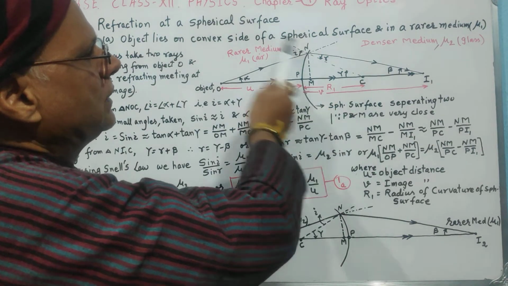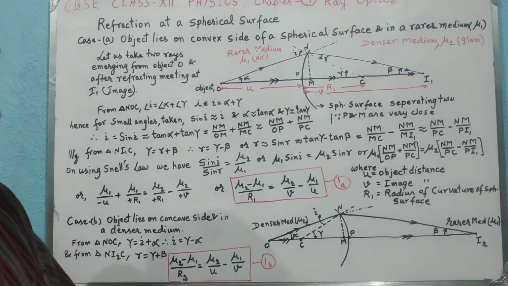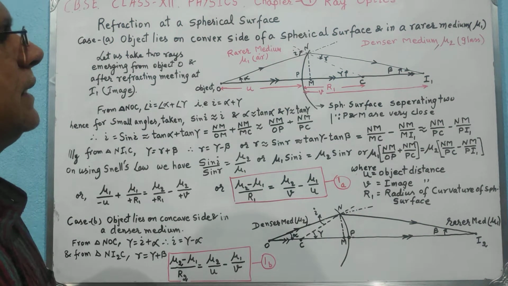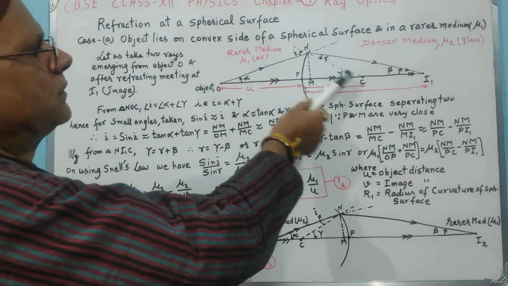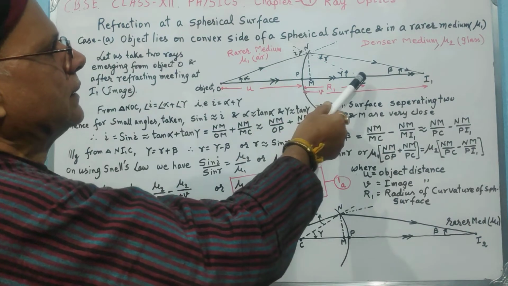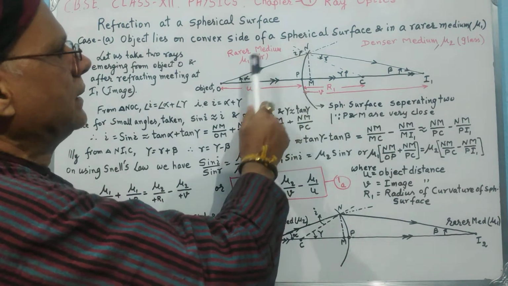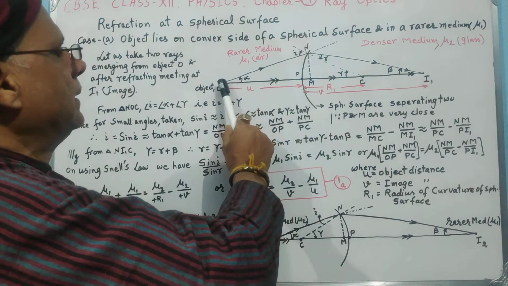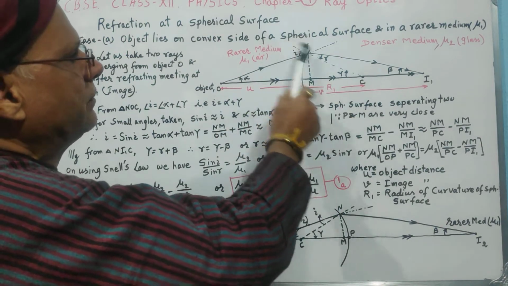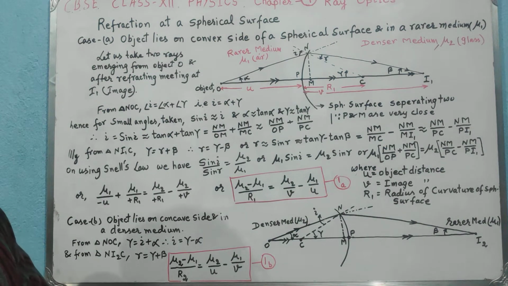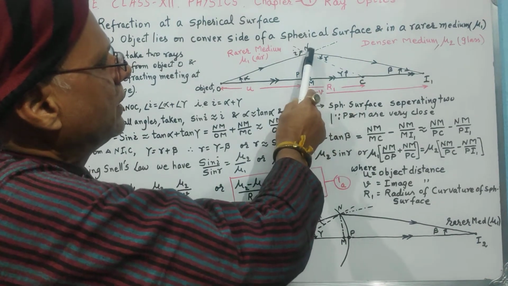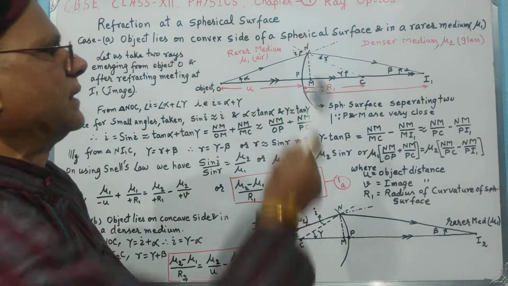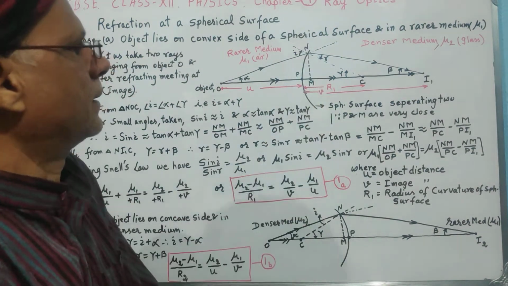A line passing through the center of curvature, that is the radius, is always perpendicular to the tangent at the point on the spherical surface, and so the line joining NC will be the normal at point N. The angle between the incident ray ON and this line will be the angle of incidence i, and the angle between the refracted ray and the normal at the point of incidence will be the angle of refraction, which is represented by a small r.